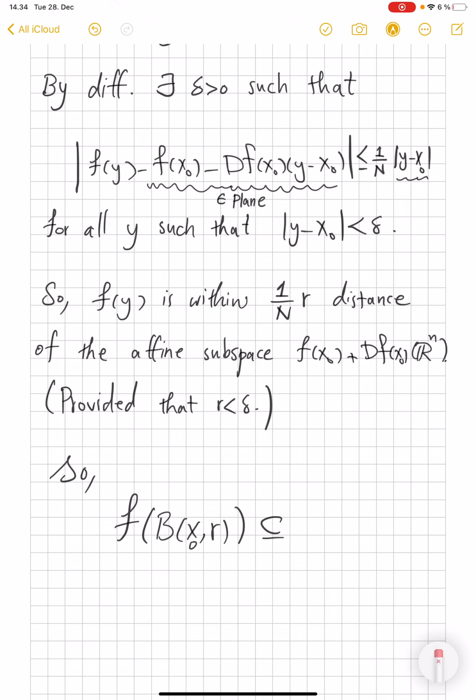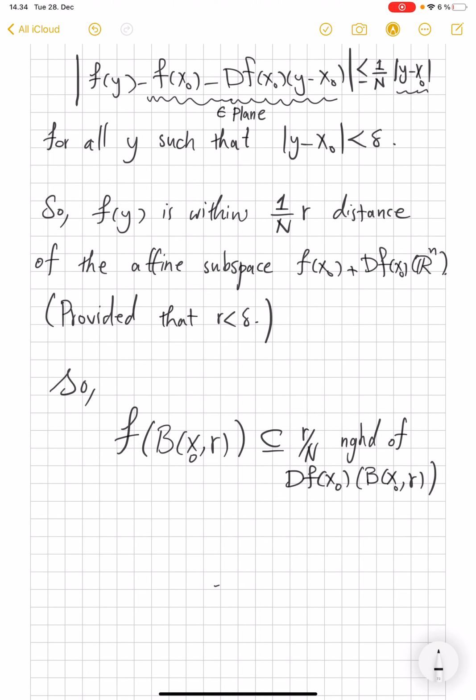So let's do this. So r over n neighborhood of this affine space. Well, I have to say the image of the derivative, if I take too big of a thing.